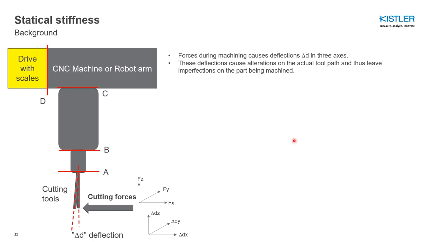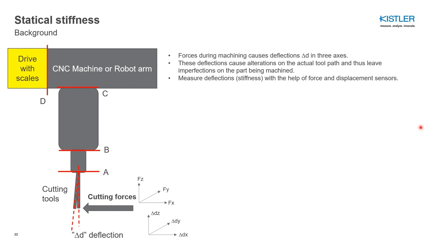So if the tool is being deflected from the center to this inclined line here, you are not really following the coordinates that you have programmed. So it will affect your surface because of the deflections.